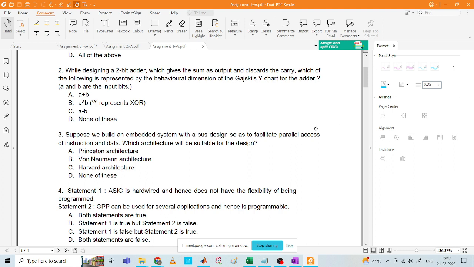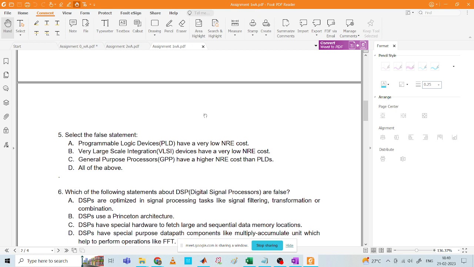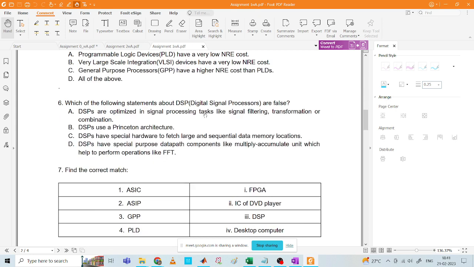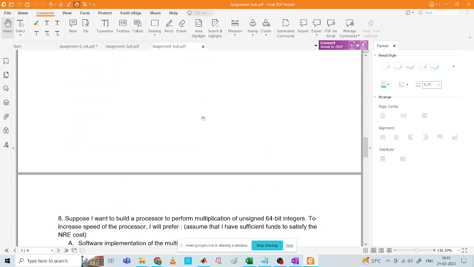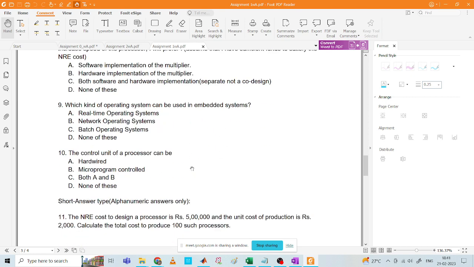See, Gatsky's star chart deals with the hardware realization. Is it A XOR B? Exactly, yes. It is XOR. I think this you already know.